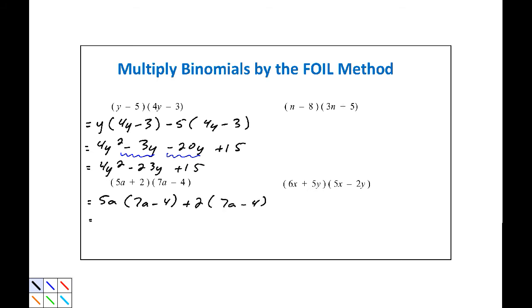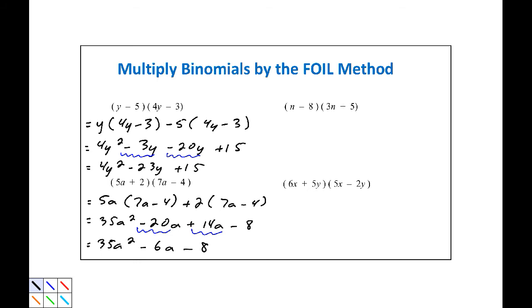Distributing the 5a, I would get 35a squared minus 20a. And distributing the 2 to the second set of parentheses, I would have plus 14a minus 8. I can combine my two middle terms, negative 20a plus 14a, so that my result is 35a squared minus 6a minus 8.